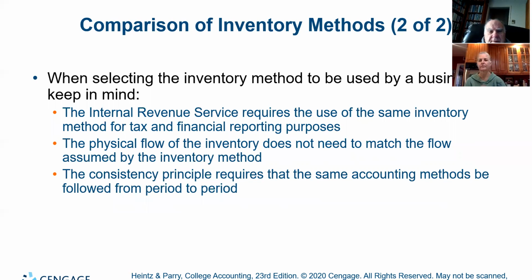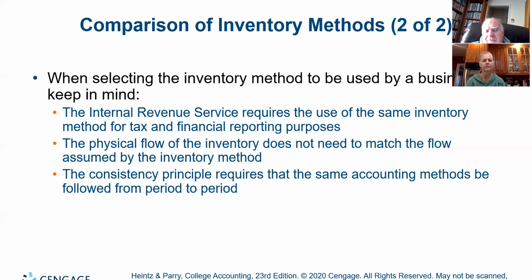When selecting an inventory method to be used, the IRS requires the use of the same inventory method for tax and financial reporting. We don't worry about that. The physical flow does not match the flow assumed by the method. And if you're using FIFO, the consistency principle requires that the same accounting methods be followed from period to period. You can't just change on a dime, okay?